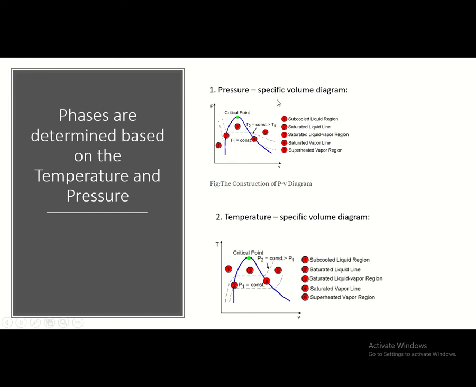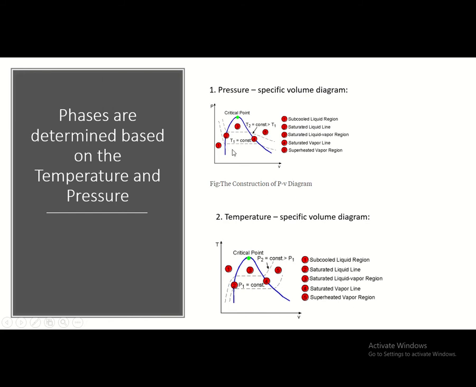For the pressure-specific volume diagram, the vertical axis is the pressure, and each dashed line here stands for a value of the temperature, and each line represents a constant value for the temperature.